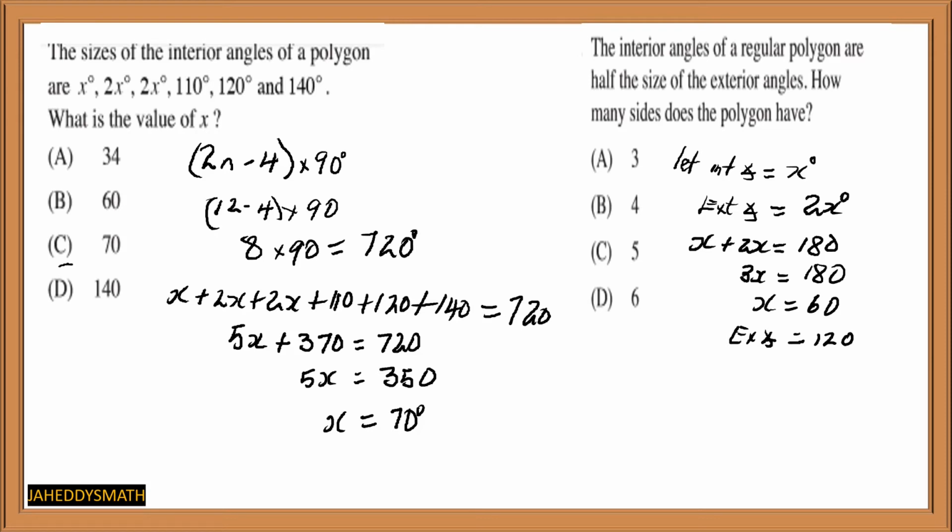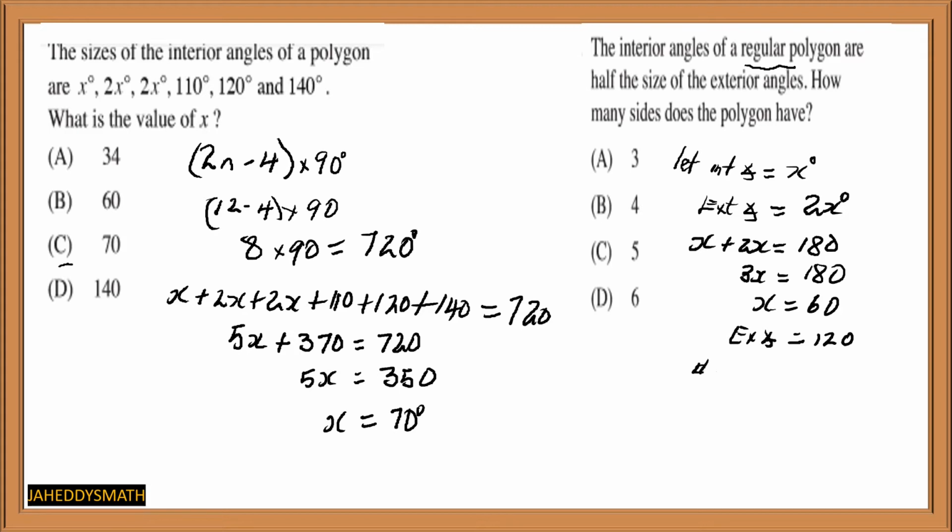Now how can that information help us? It helps us as we know that the sum of the exterior angles of any polygon is 360. And since this polygon is what we call a regular polygon, that means all the exterior angles are equal, all the interior angles are also equal, and all the lengths of the sides are equal, we can find the number of sides easily.